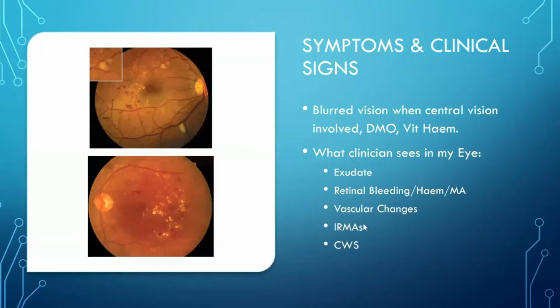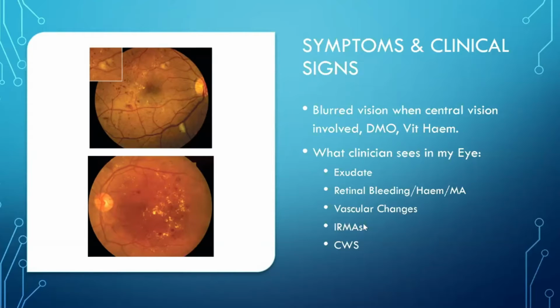So the questions: what are my symptoms? If I have diabetic retinopathy, what should I be expecting? The honest answer: you might not notice any changes. You might notice very little, some blurriness of the vision if there is involvement of the central vision. But if the central vision is okay at this stage and there is no maculopathy, you may have moderate to even severe diabetic retinopathy with no symptoms, unless there is involvement of the macula or the central vision.